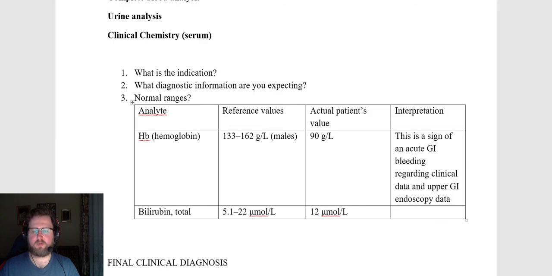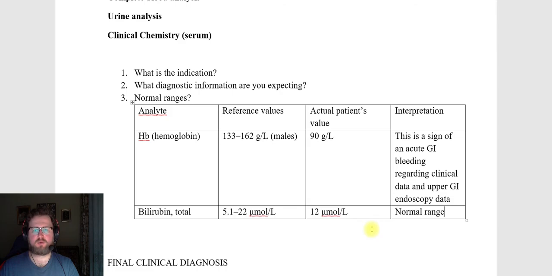Let it be 12 micromole per liter. That refers to the normal range. Here you write down that it's normal range. No additional comments. It's okay. That's normal.